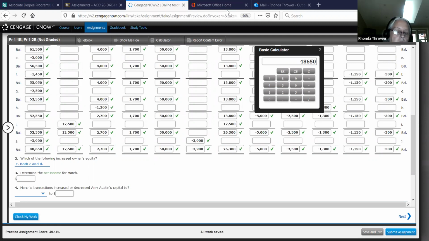So what does this tell us, class? It tells us that we started with no owner's equity, and by the end of that period, we had grown by $62,150. So our ending owner's equity really increased in this period of time to $62,150.